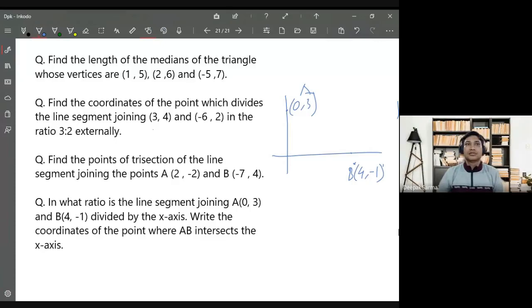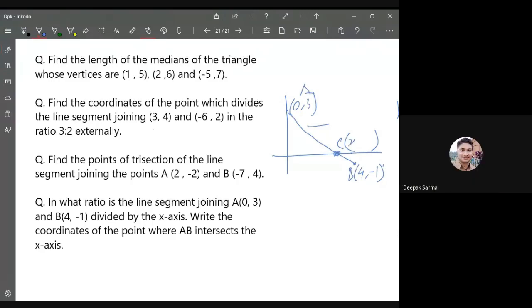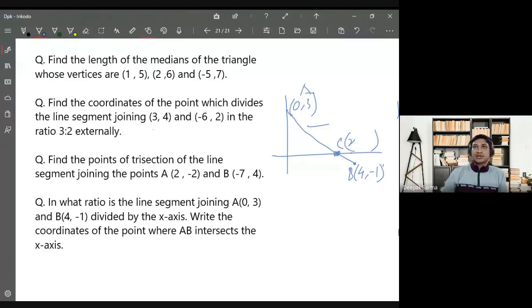If you join the points by this line segment AB, then it intersects the x-axis at some point, and you have to find that particular point. Since the point C lies on the x-axis, its y coordinate will be 0. Whatever the point here, if it is x, then the other coordinate is 0. Isn't it? Yes, sir.